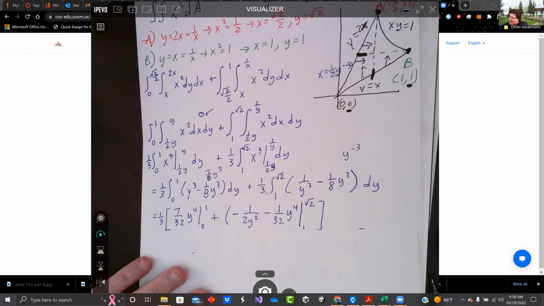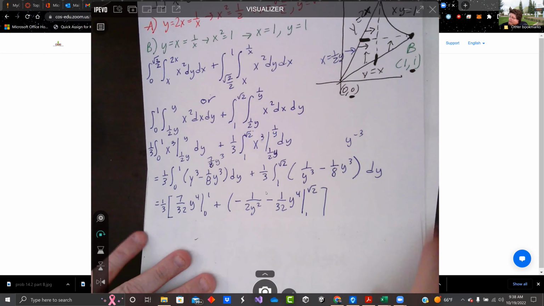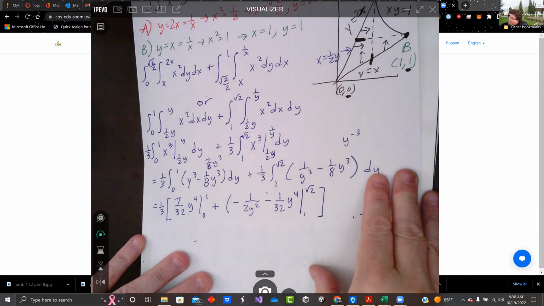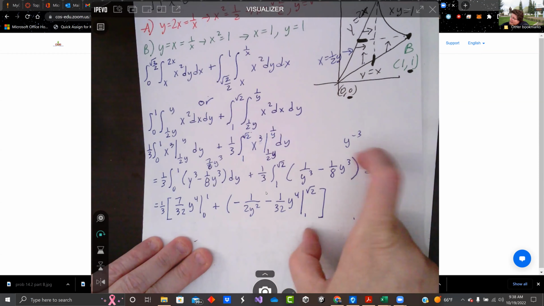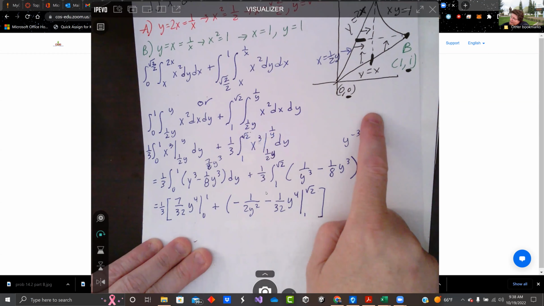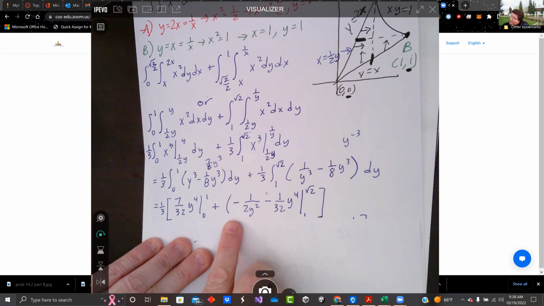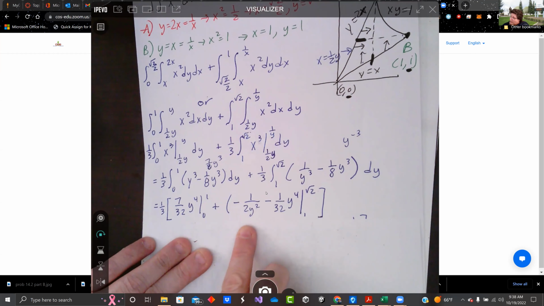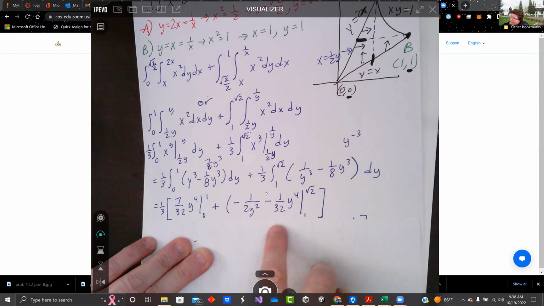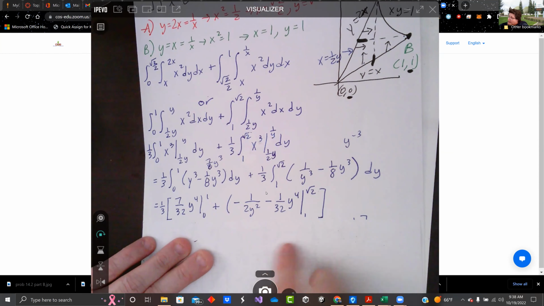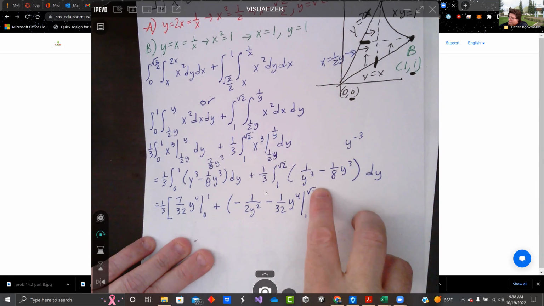Didn't need to make the fractions more difficult before that. And for the second integral, we go up the power to -2, divide by the power -1, so -1 over 2y squared. And then y to the 4th over 4, minus 1/32 y to the 4th, and again we've got root 2 to 1.